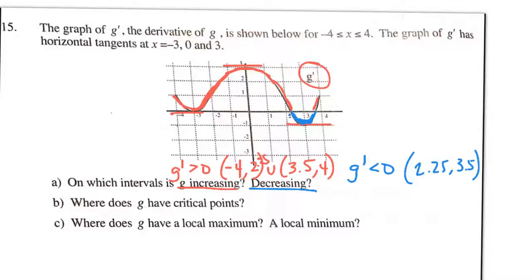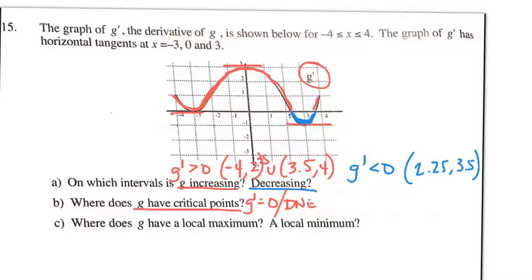Alright. Next up, where does g have critical points? g has critical points where g prime equals 0 or g prime does not exist. So where does g prime not exist? Well, that's nowhere on this graph.